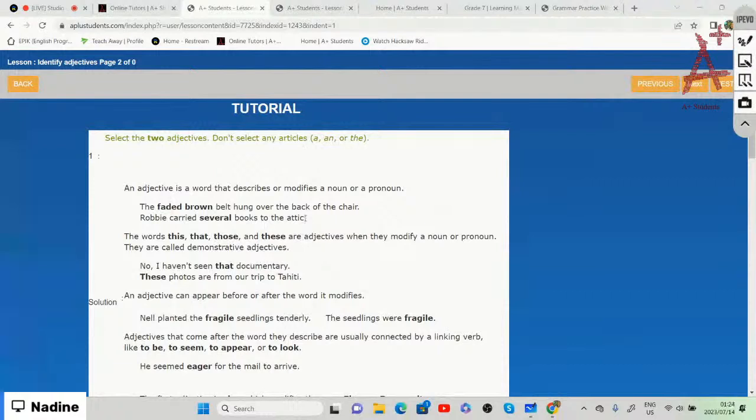And remember, adjectives can either appear before or after the word that they modify. Then we have adjectives that come after the word they describe. It usually has a linking verb, such as to be, to seem, to appear or to look. All right, so let's go to our test.